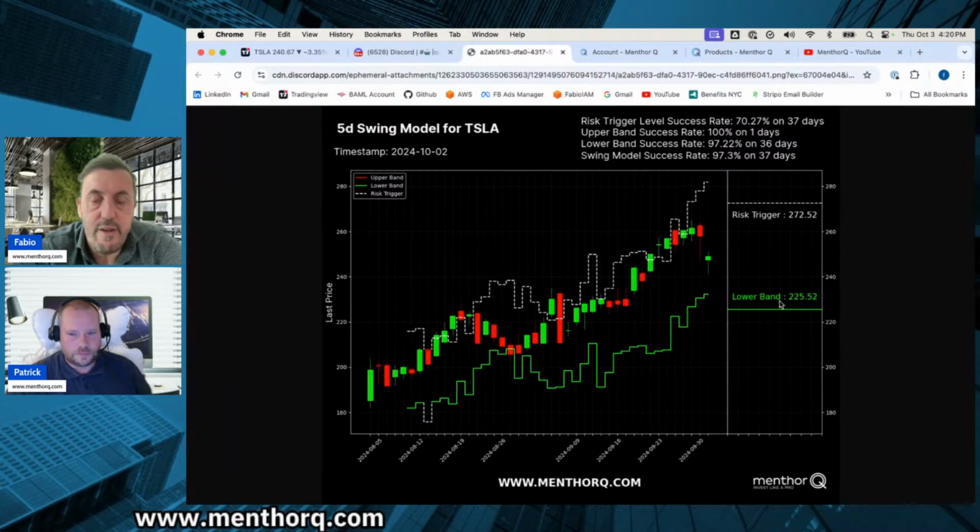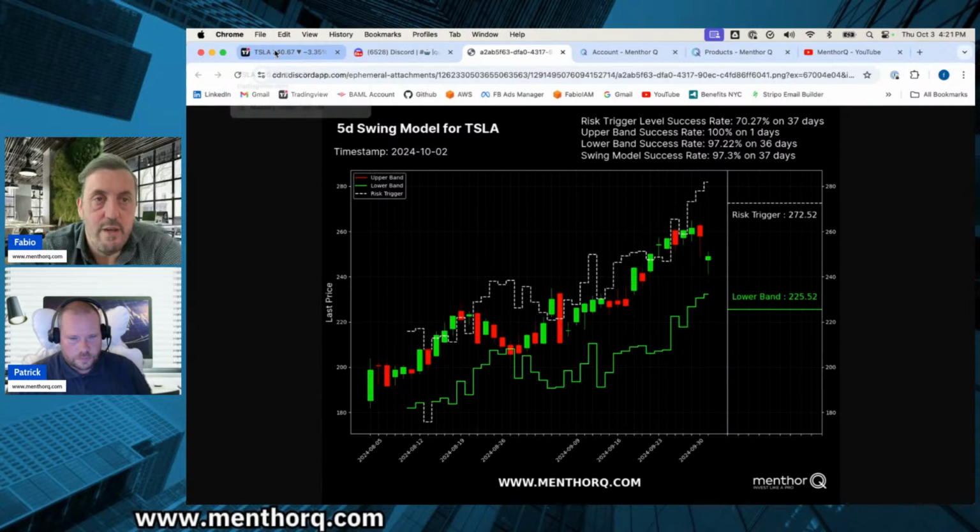Our lower band today is 225.52. In 5 days' time, is the price of Tesla going to be above 225.52 or below? If it's above, we consider that a success. So in 97% of the cases over 37 days, the price closed above this level.